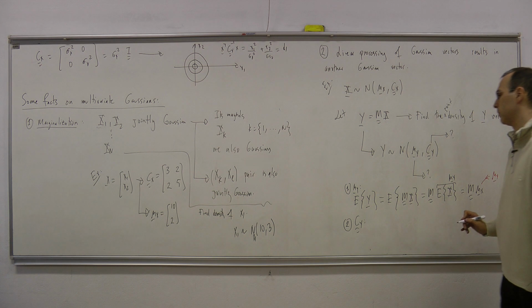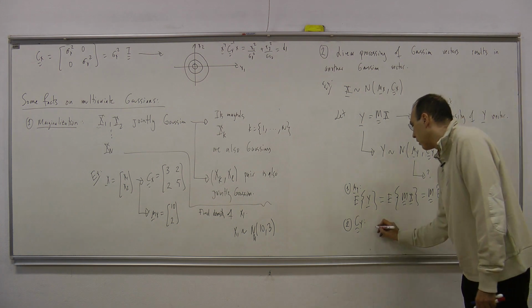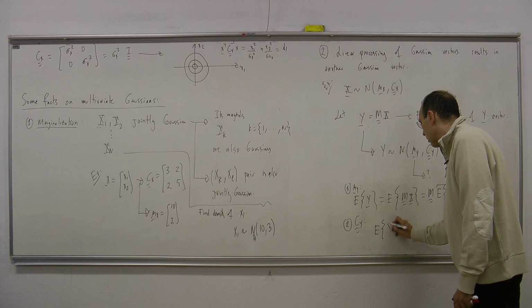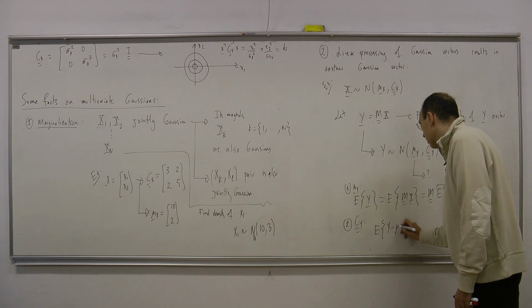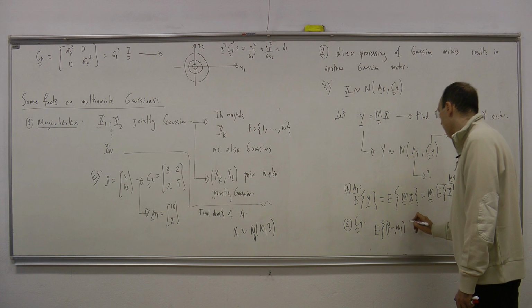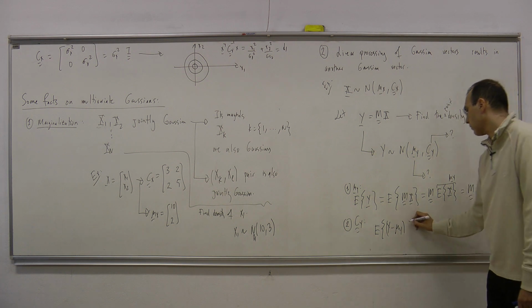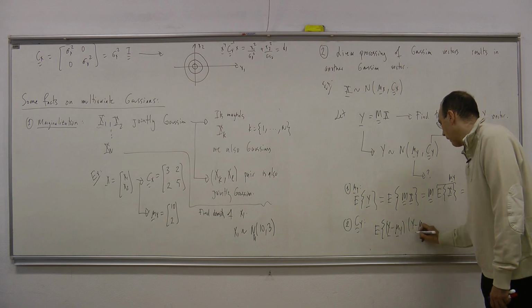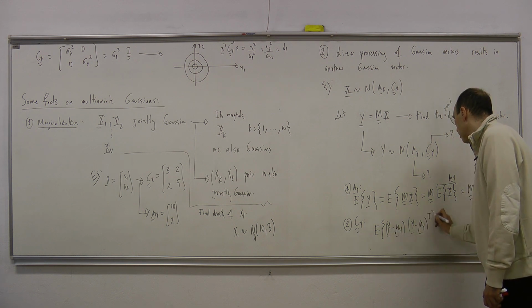Cy is the expected value of y minus mu y times y minus mu y transpose.